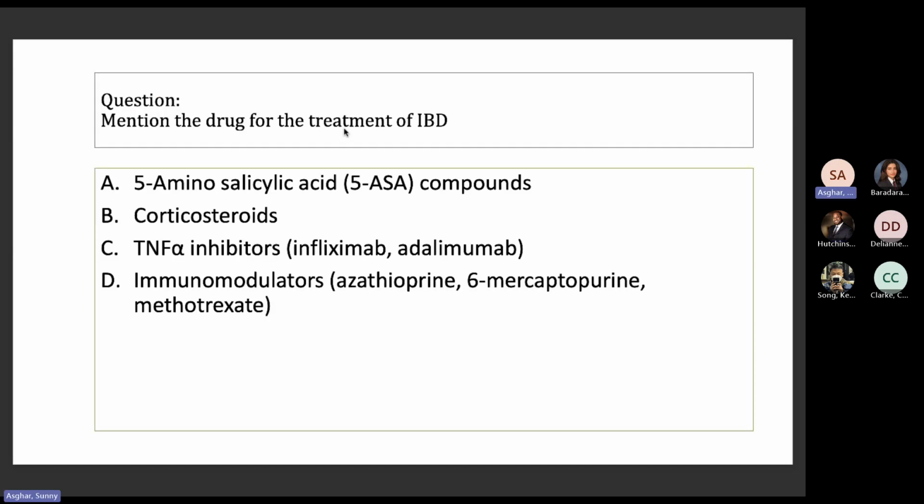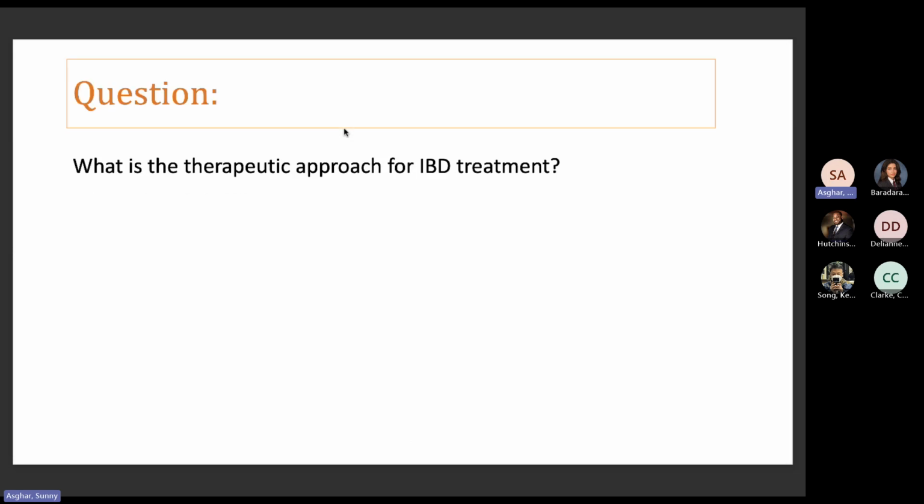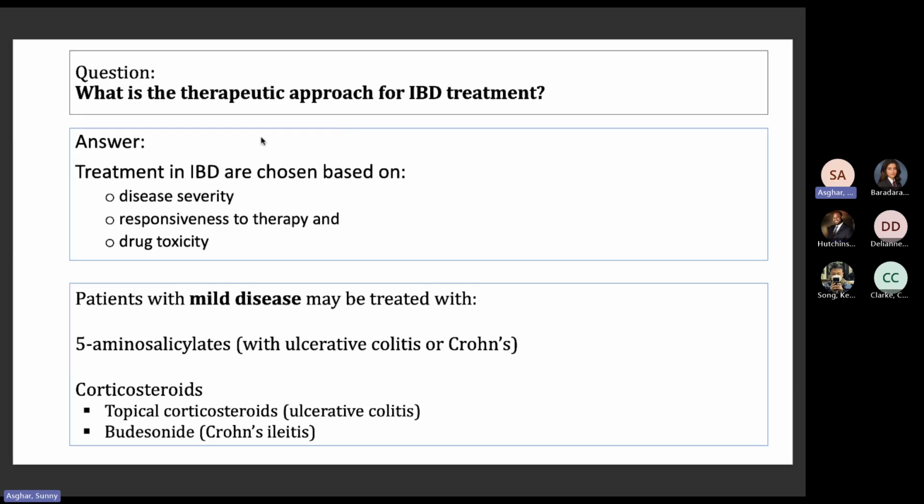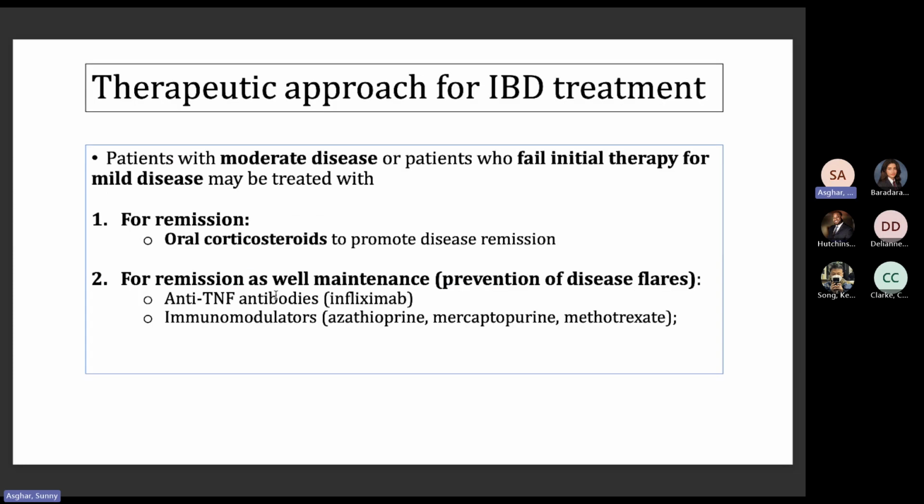All right, so this is just for IBD, inflammatory bowel disease. I wanted to go over some of the questions and the drugs that you would use. Again, these are just some of the questions written out. What is a therapeutic approach? As Alex mentioned about IBD, how would we treat it? We would use aminosalicylates for UC or Crohn's, and then corticosteroids and so forth.